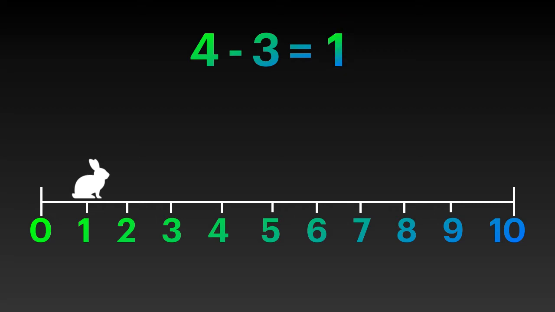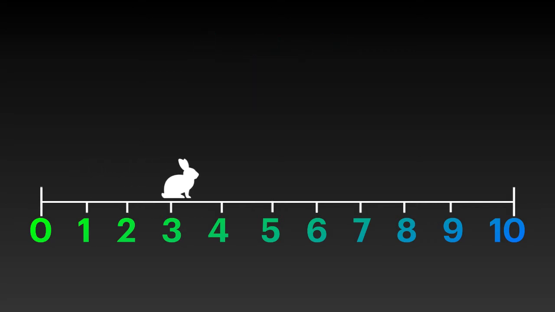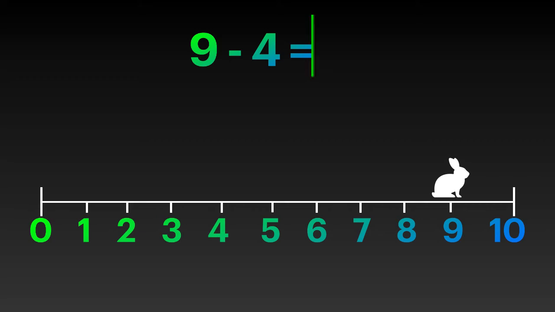Good job. Let's move the rabbit up to our next number, which is going to be 9 for 9 take away 4. So this time you're using your finger to jump back 4 spaces because you're taking away 4. So you start at 9 and you only start counting back each time you hit a new number.